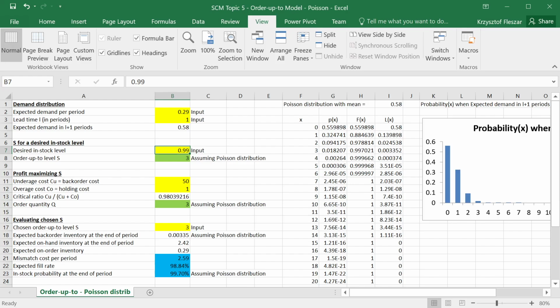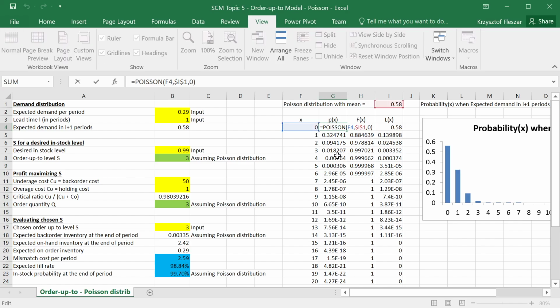achieved or overachieved, right? Now I have created here on the right a calculation that first takes the mean 0.58 and does the calculation for X for the quantity 0, 1, 2, and so on. What is the probability, and the cumulative probability distribution function for X, right?